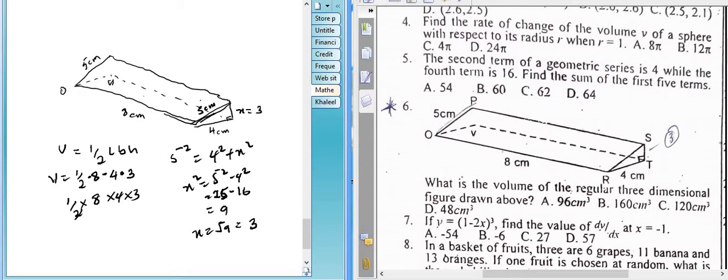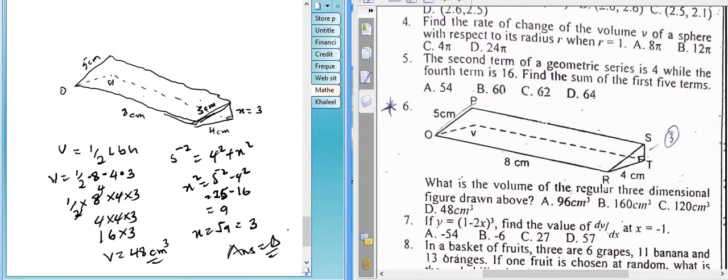Half of 8 is 4, then 4 times 4 times 3. 4 times 4 is 16, times 3 is 48. So the volume is equal to 48 centimeters cubed, which is option D. The answer is option D.